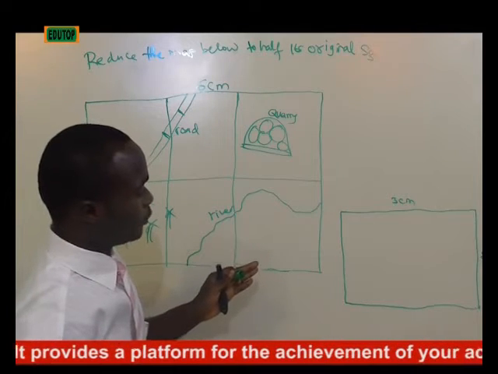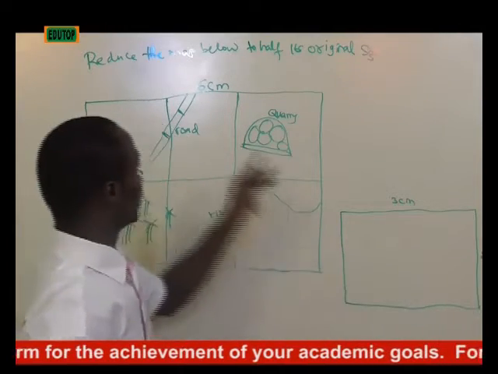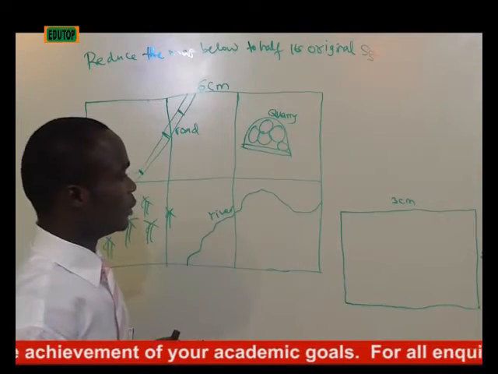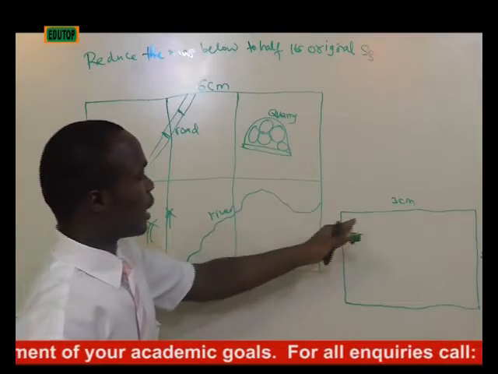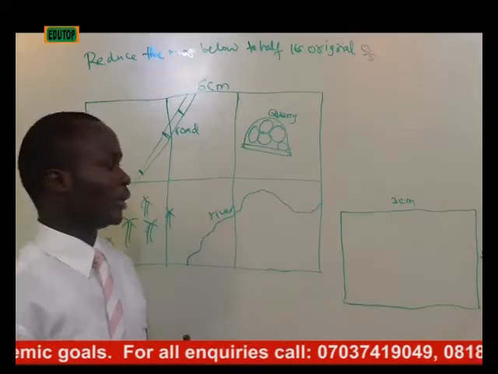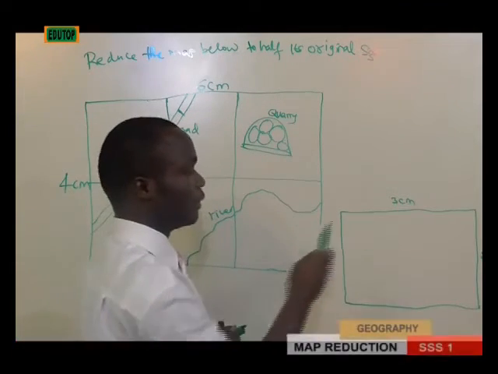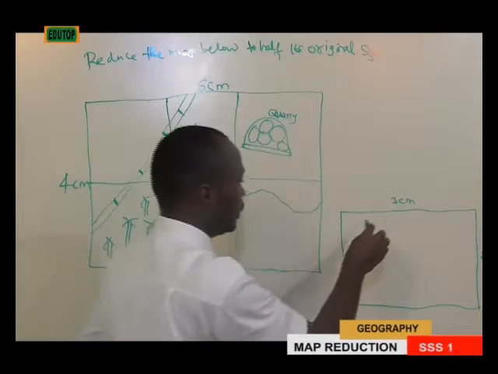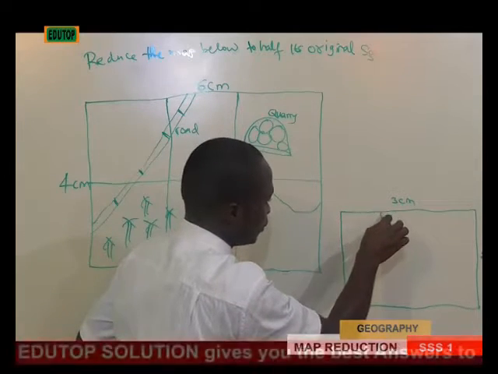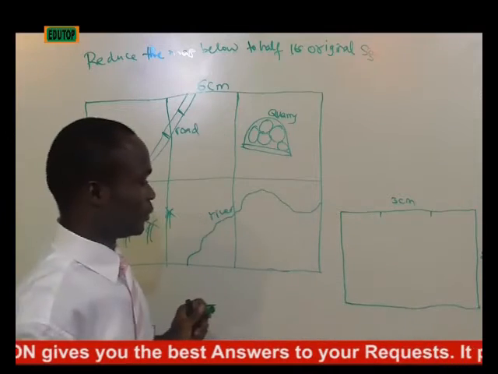And you do the same gridding to the new map, just like you gridded this one. So how are you going to divide this? If from here to here is 3 cm, in this case, 1 cm will give us equal division. So from here to here is 1, here to here is 1, here to here is 1.